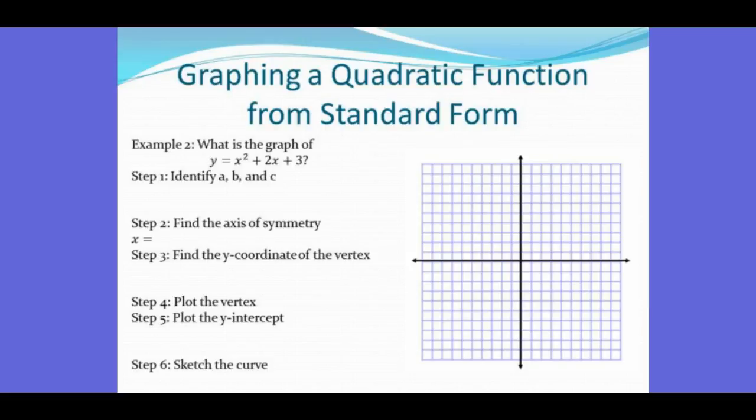What is the graph of y equals x squared plus 2x plus 3 going to look like? So here's what you want to do first.